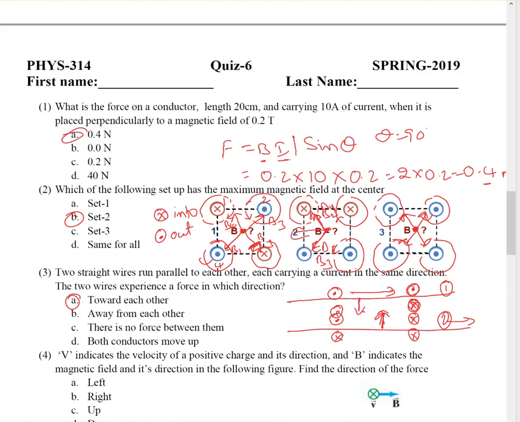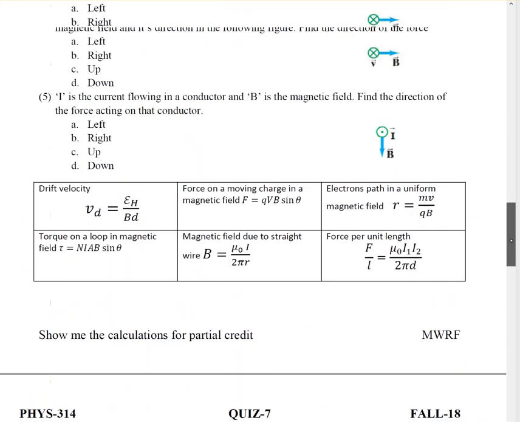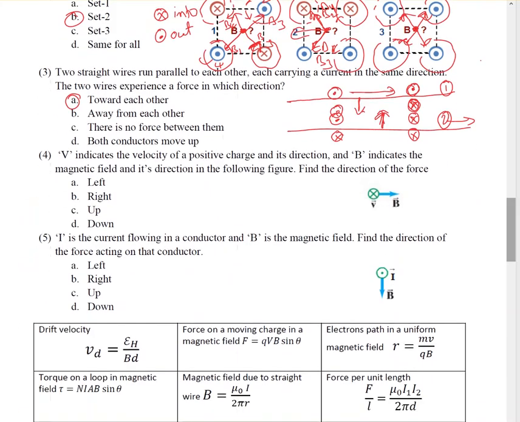So basically that's going to move towards down because the magnetic field direction is changed. So if current is flowing in the same direction, they attract each other. The force between them is an attraction force.